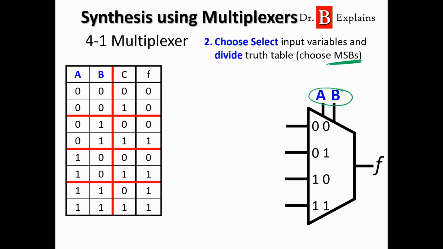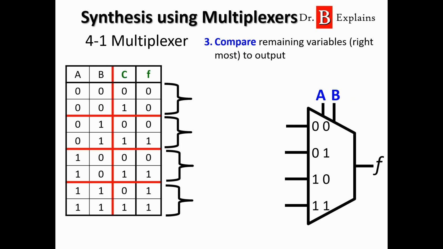So I just put them right here. I draw the block diagram, and I put A, B as my select. I then split the table vertically. That's the first division. Then the second splitting of the table comes from having four inputs. If I need to have 4 inputs, I need to divide in 4. So 1, 2, 3, 4.